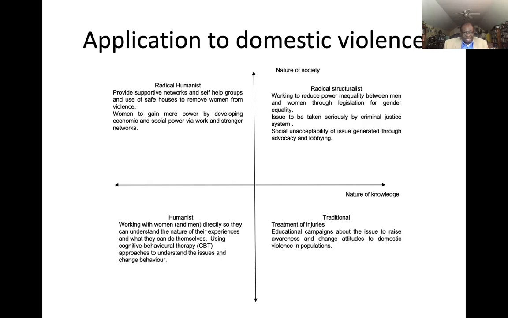You see, most of the time when you're talking about domestic violence, it's very easy to make the assumption that it's only the woman that is suffering. There are certain times wherein the male is also suffering.